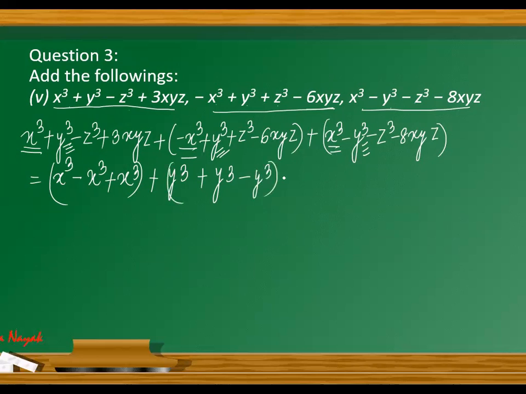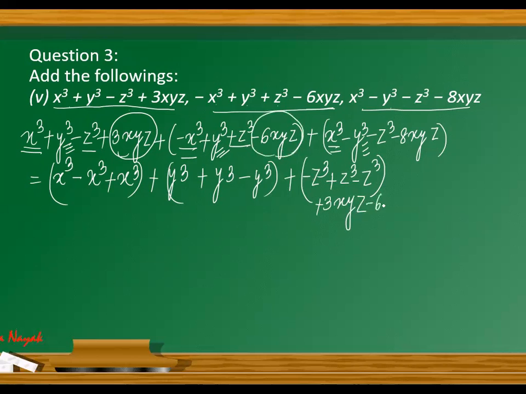Then I'll go for z cube. This will be minus z cube, plus z cube, minus z cube. Then about xyz: 3xyz, minus 6xyz, minus 8xyz.